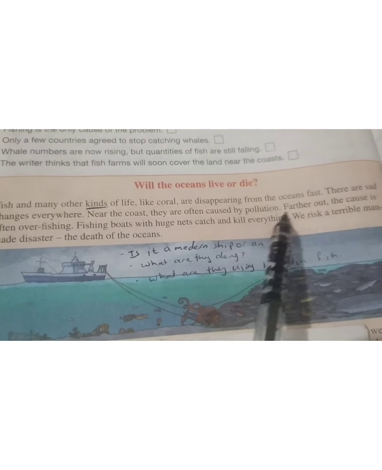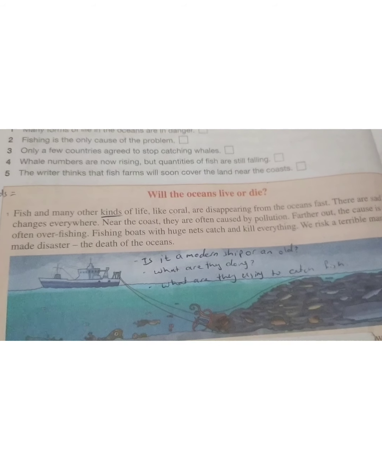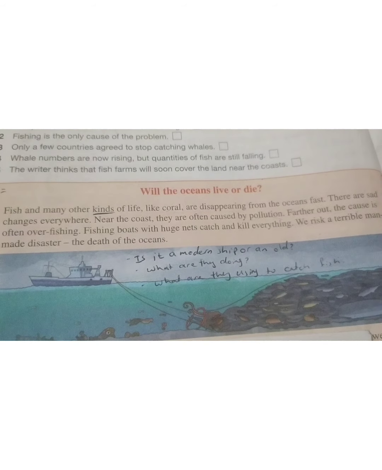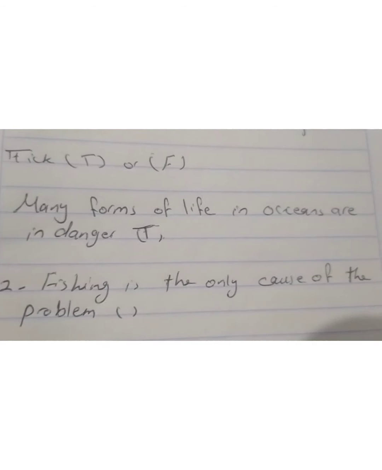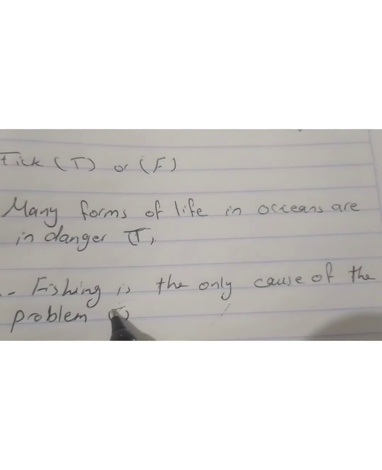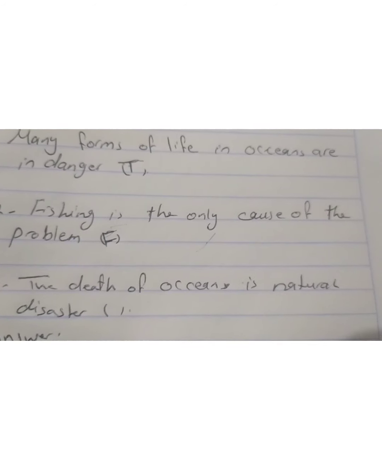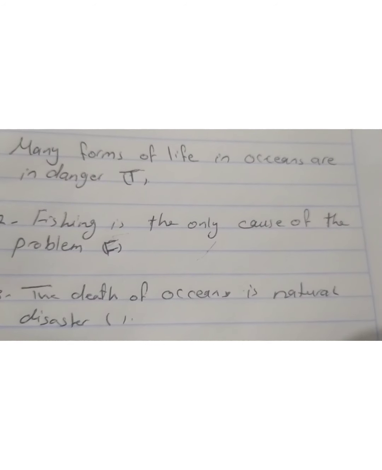And further out, the cause is often overfishing. إذا how many causes are there? 2 causes اللي هي pollution and overfishing التلوث والصيد الجائر. إذا هنا بيحكي لنا fishing is the only cause of the problem. الصيد الجائر هو السبب الوحيد في المشكلة. إذا عندنا هنا false. Okay, number 3. The death of oceans is a natural disaster.